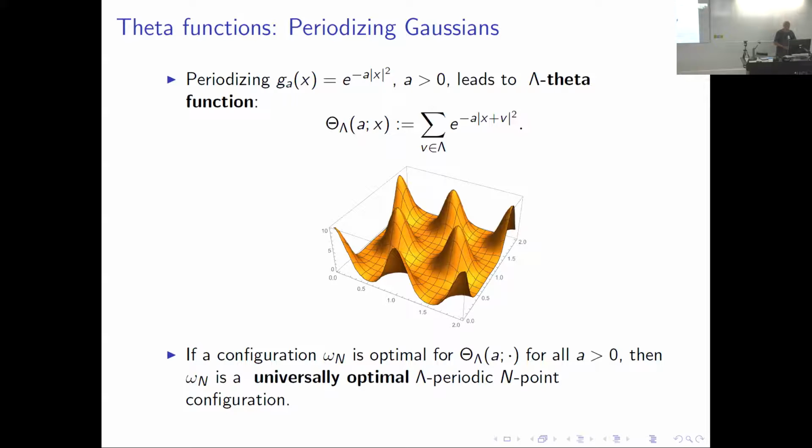Now, these are theta functions as well. If you periodize the Gaussian, this is for me how theta functions arise. These are going to be Jacobi theta functions, I think of type 3.